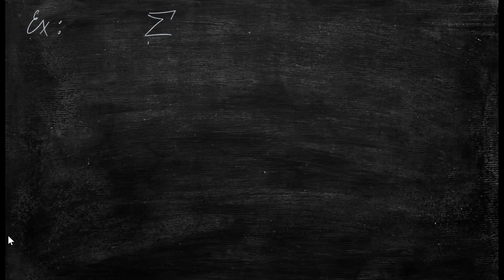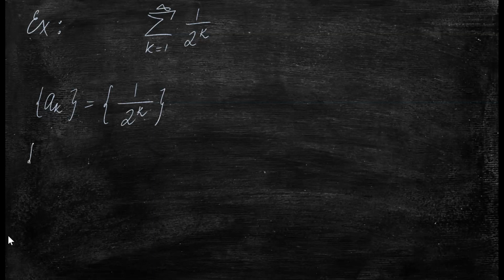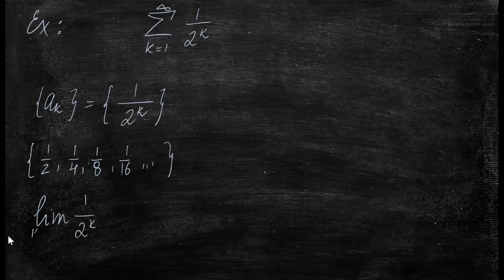Let's do another example. Let's consider the following series, and the sequence of terms is just this. So it will simply be 1/2, 1/4, 1/8, 1/16. We can see that the limit of this sequence is actually 0.